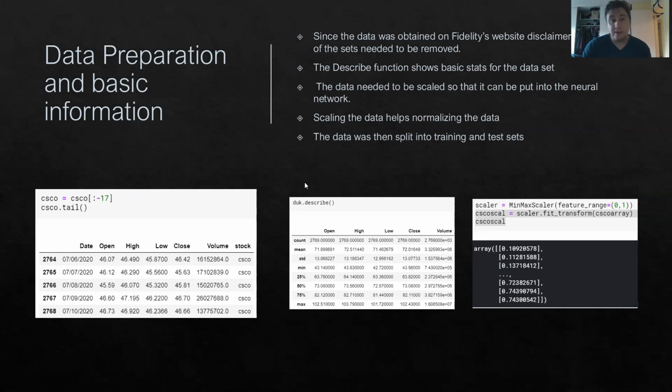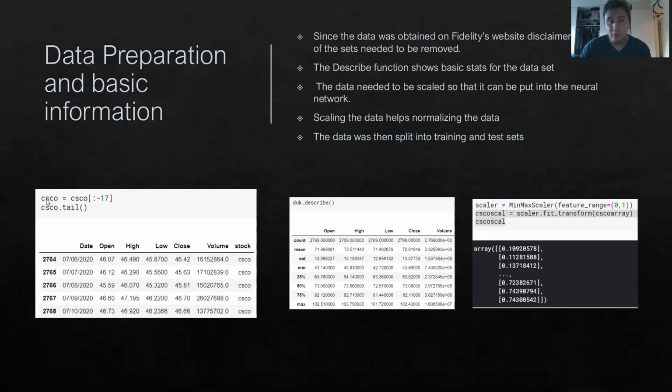Because the pricing data was obtained at fidelity.com, there was some extra data at the very end that was just disclaimers that Fidelity puts on all of its stock data whenever you download it directly from Fidelity. There were about 17 rows of data that would just get in the way.